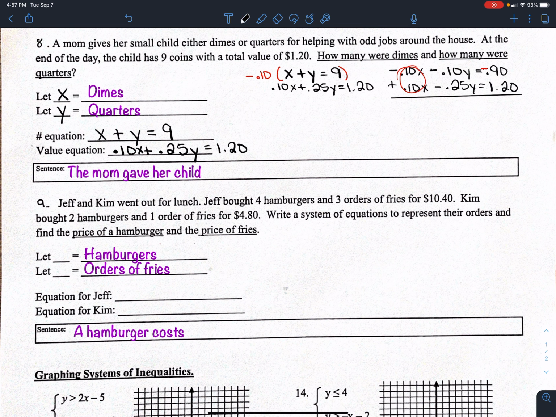So we've got, oops, this should be a positive 0.25 here. Negative 0.10 plus positive 0.25 gives me 0.15y is equal to negative 0.90 plus 1.20, which gives me 0.30. When I divide by 0.15, I get y is equal to 2.